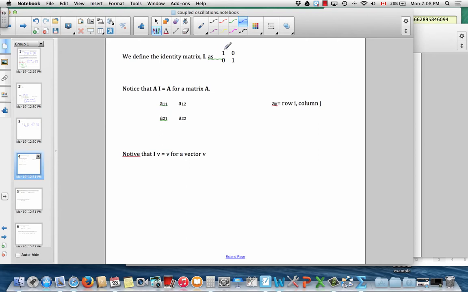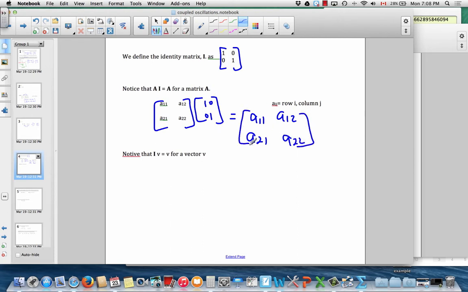Now, important definition, the identity matrix has got 1s on the diagonal and 0s elsewhere. And we notice that if you take any matrix and multiply it by the identity matrix, then you get back the original matrix. So multiplying across the first row and down the first column, then across the first row and down the second column, second row, first column gives us a21, and second row and second column gives us a22, which is exactly the original matrix.